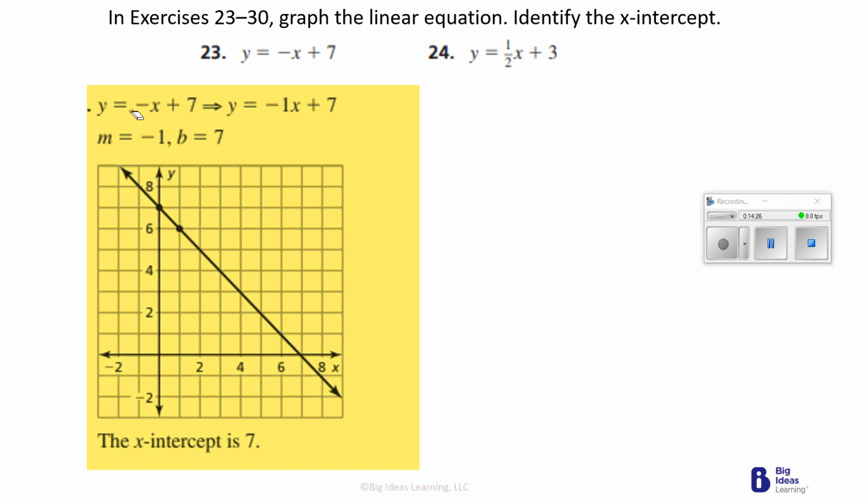They show over here if y equals negative x plus b, then y equals negative 1x plus 7. The slope was negative 1, and that's negative 1/1. 24 is for you to do.